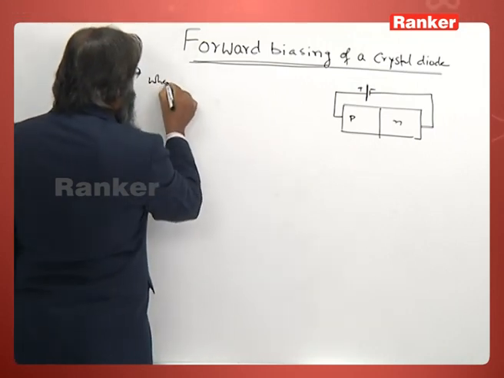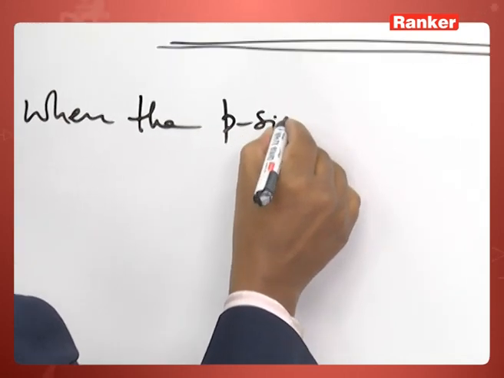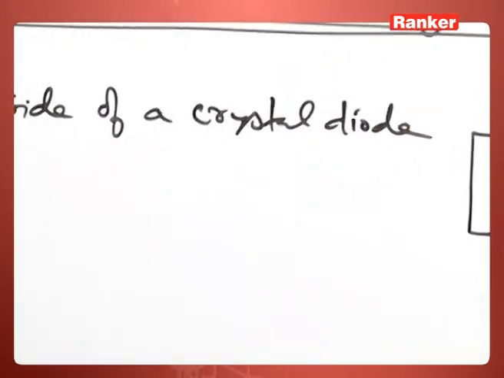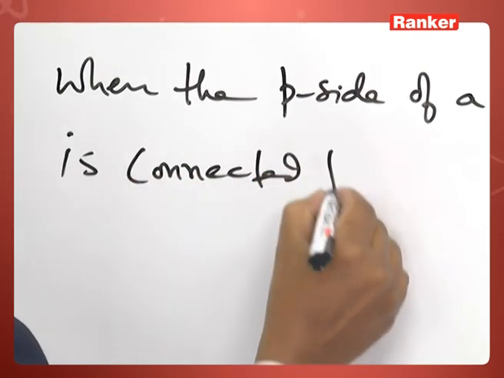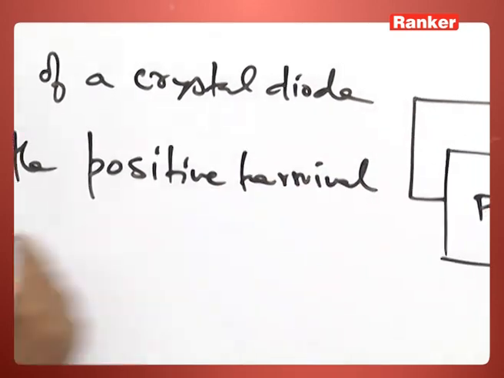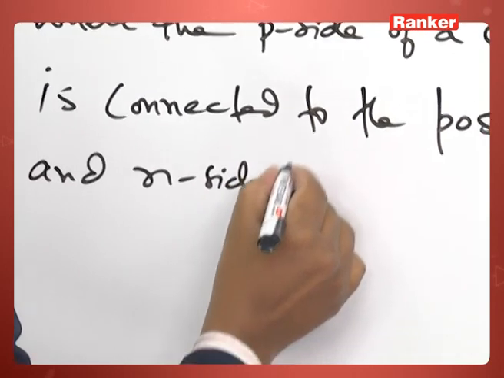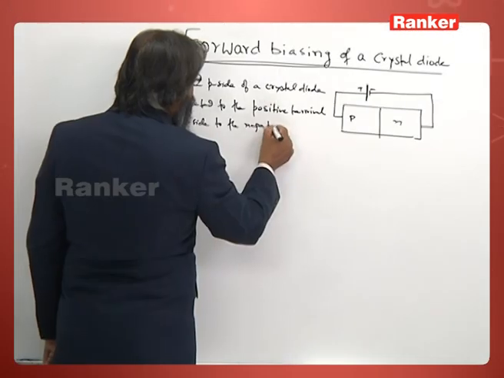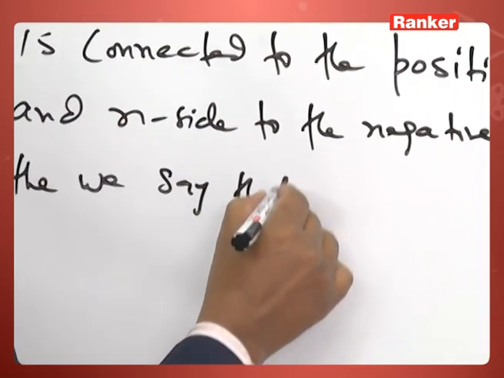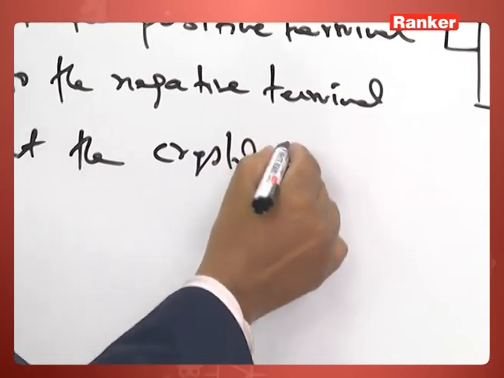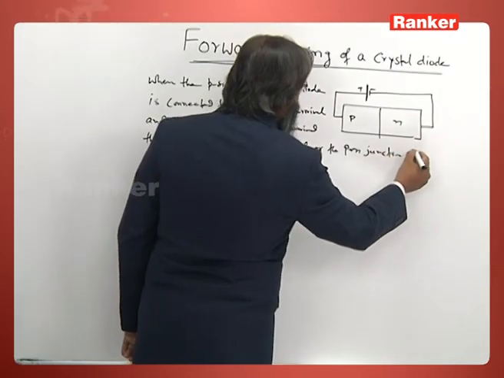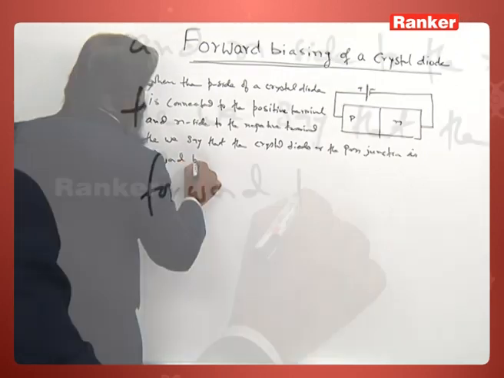So when the P side of a crystal diode is connected to the positive terminal, and N side to the negative terminal, then we say that the crystal diode or the PN junction is forward biased. This is the meaning of forward biased.